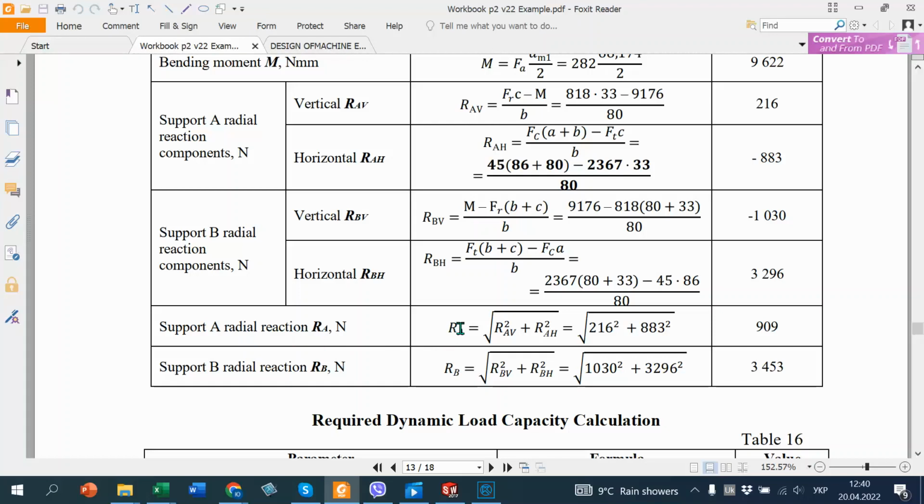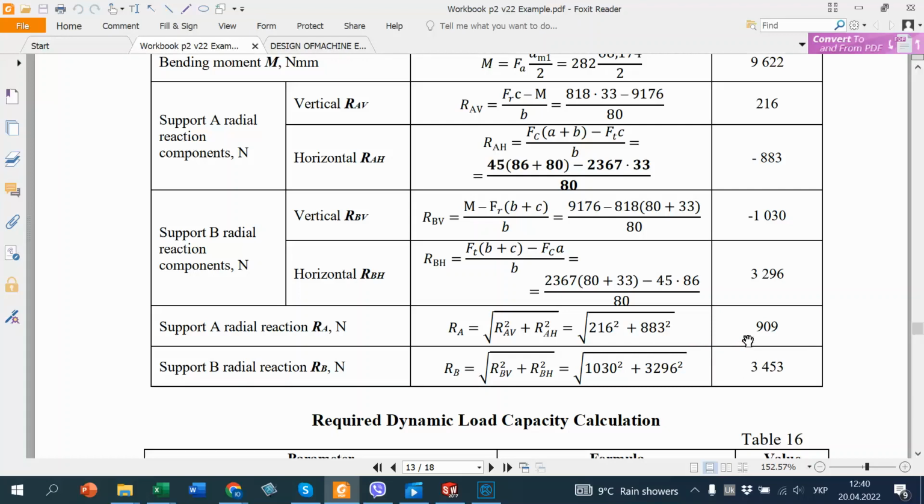This reaction is RA and RB according to this formula.